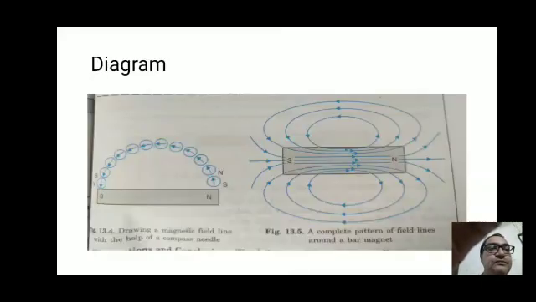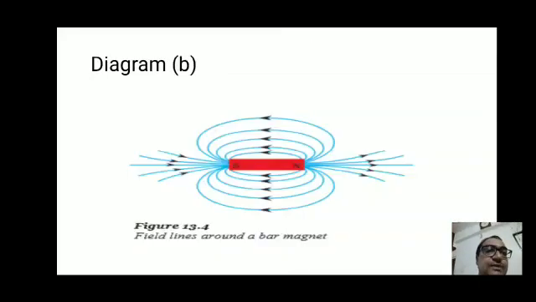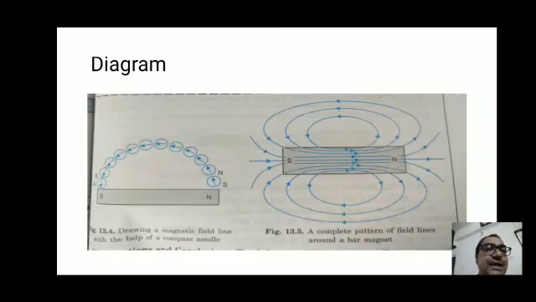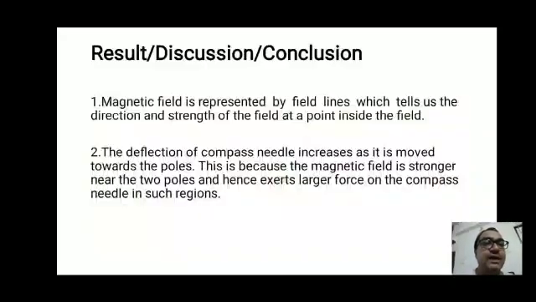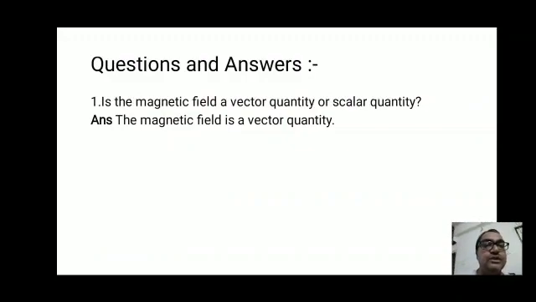You can see it in this particular diagram. Inside the magnet it is moving south to north. It is very clear with this diagram. And outside the magnet you can see the arrow moving from the north pole to the south pole. This way we can understand these two questions.